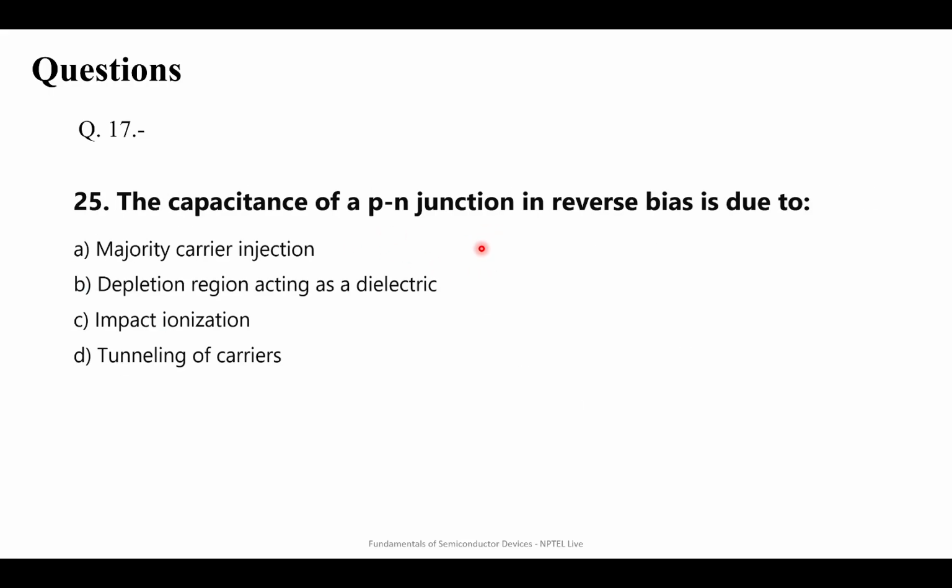The capacitance of a PN junction in reverse bias is due to majority carrier injection, depletion region acting as a dielectric, impact ionization, tunneling of carriers.